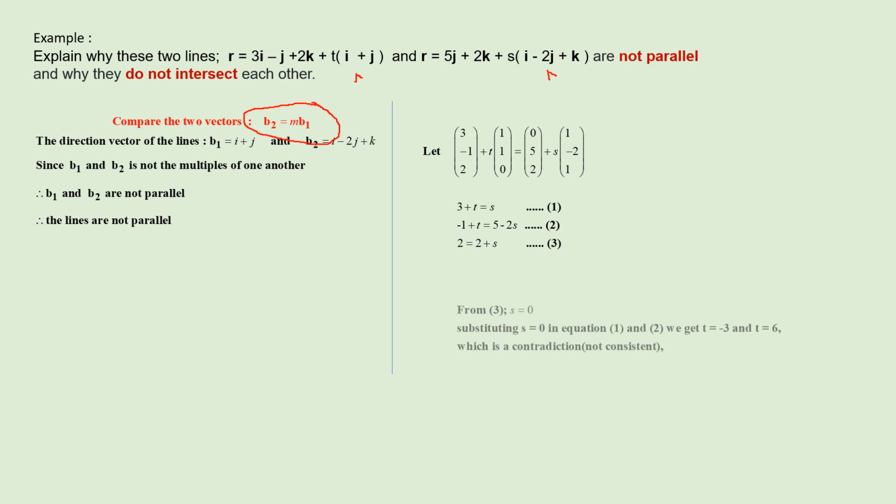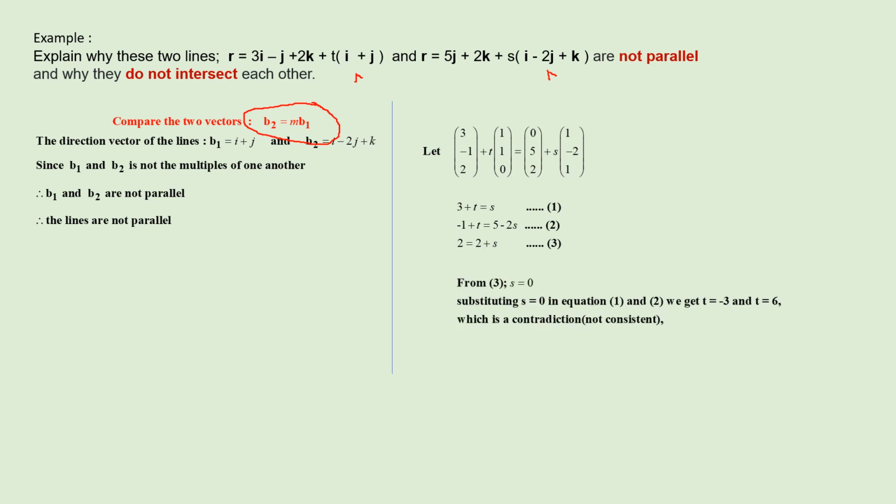Solve these three equations. s is 0. By putting s equal to 0 in equations 1 and 2, you have the value of t equal to 3, and t equal to 6.